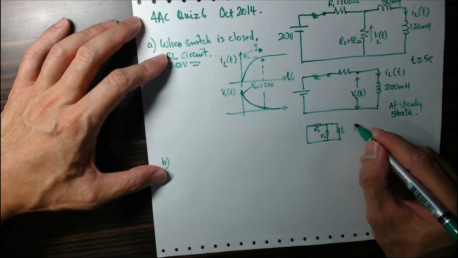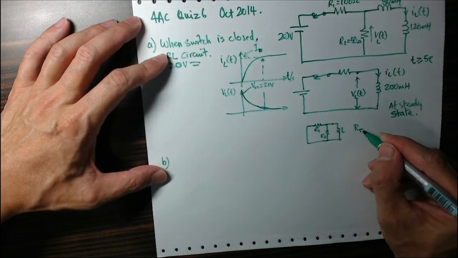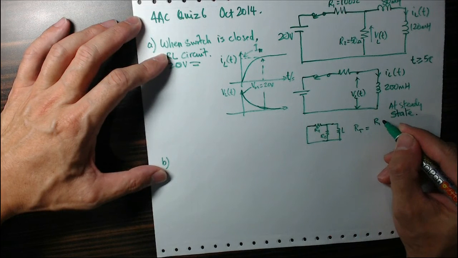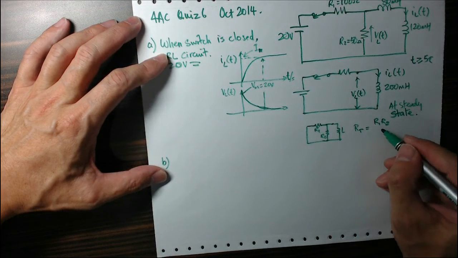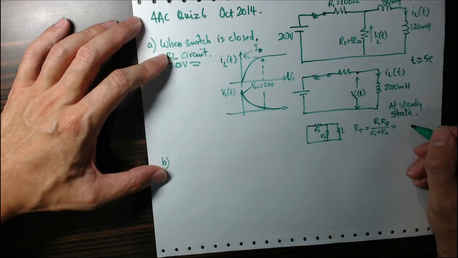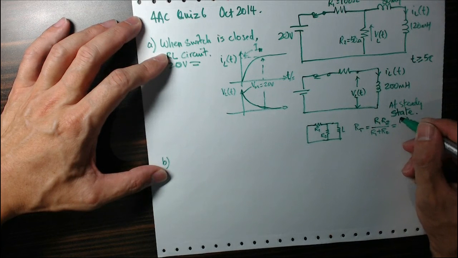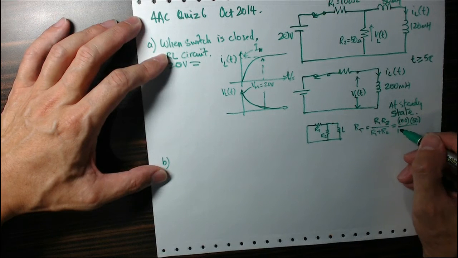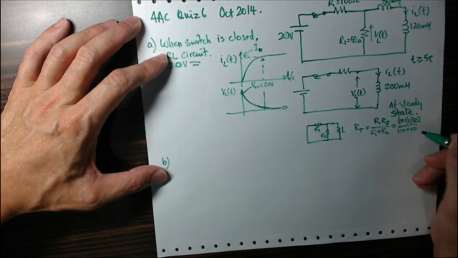My equivalent resistance RT is two resistors in parallel, so I calculate R1 R2 divided by R1 plus R2, which is 100 times 50 divided by 100 plus 50.